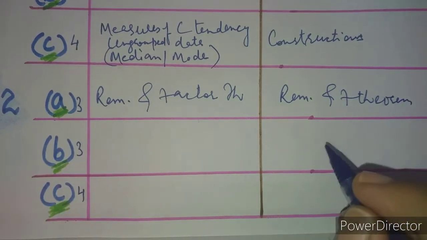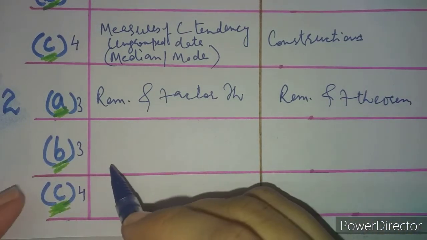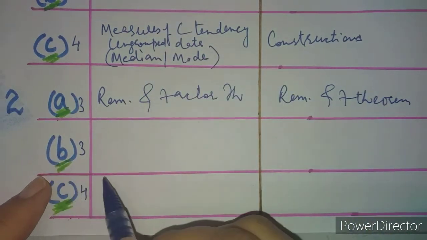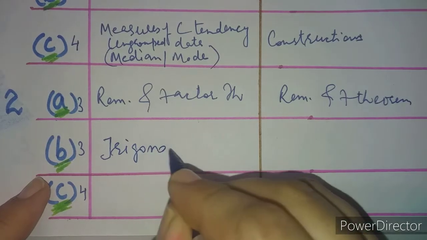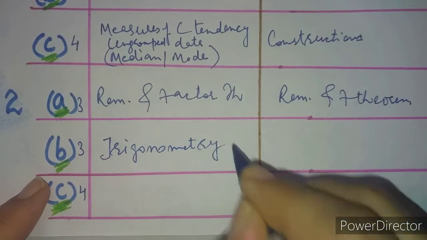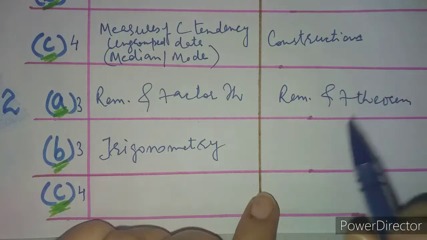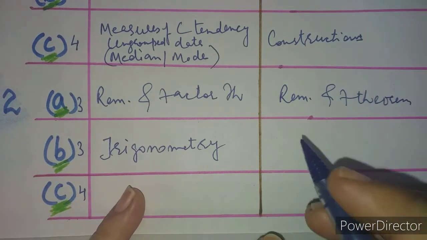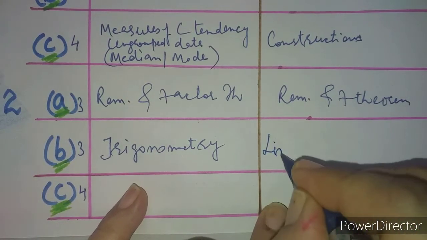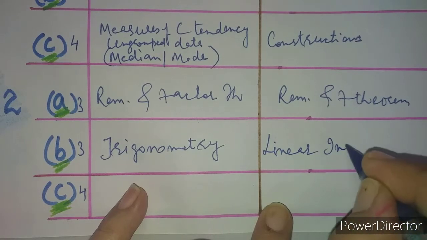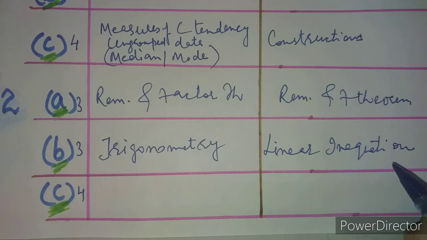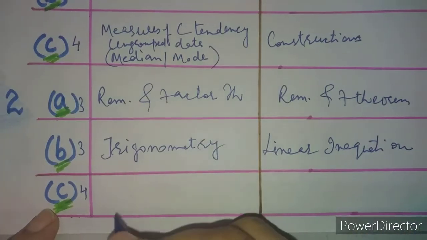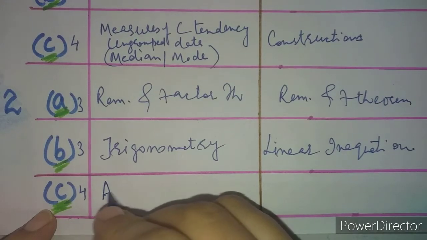Now in 2019, question number 2 part B was from trigonometry, and you were supposed to prove some identity. But in 2020, question number 2 part B was from linear inequation. Then question number 2 part C in 2019 was from AP.